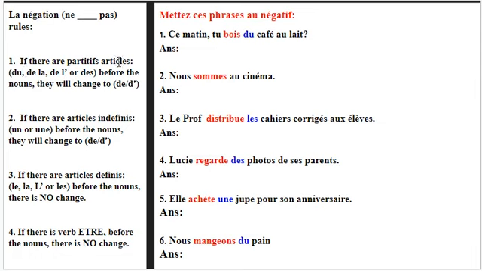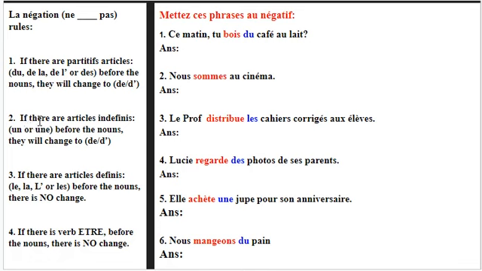If there are partitive articles like du, de la, de l'apostrophe, or des before the noun, they will change, okay? These partitive articles will change to de or d'apostrophe. If the noun is starting with a vowel, it becomes d'apostrophe.